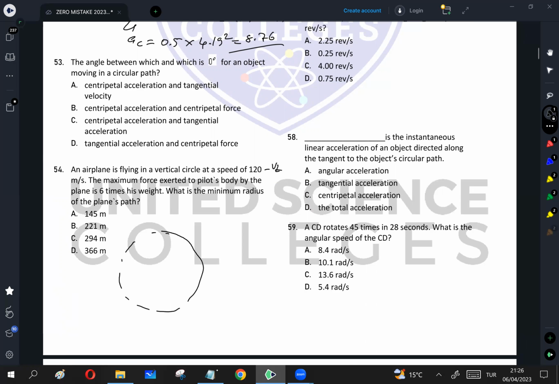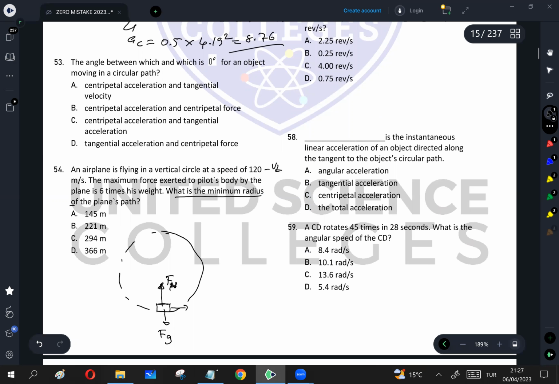Maximum force is at the bottom of the vertical path right here, and it's moving with some tangential speed. Two forces act on the pilot's body. One of them is gravitational force, always downward. The second force is the F n provided by the seat. At this position, we can calculate centripetal force. What is the minimum radius of the plane's path? So r is the question.